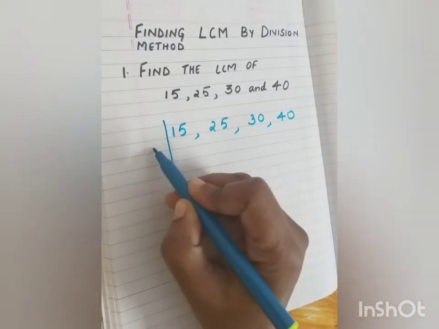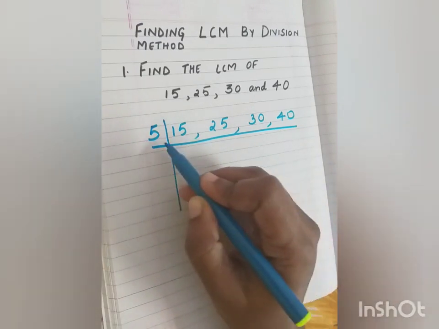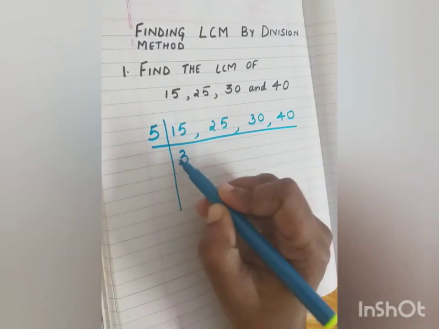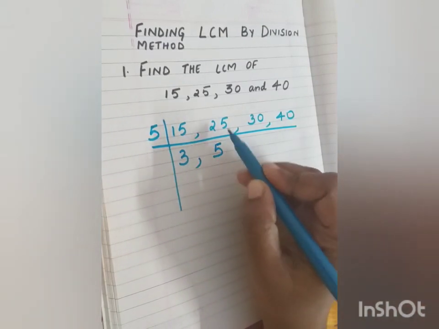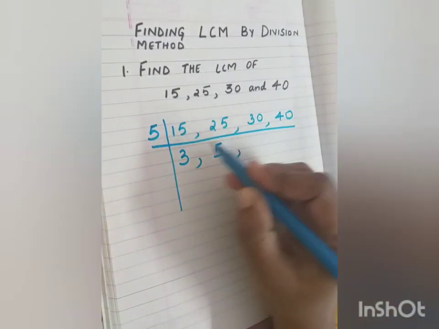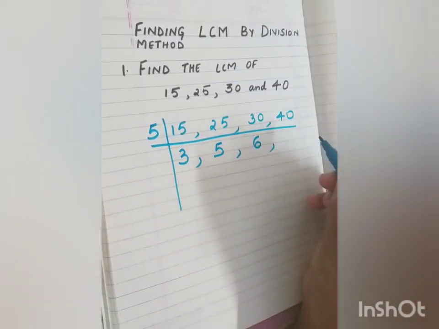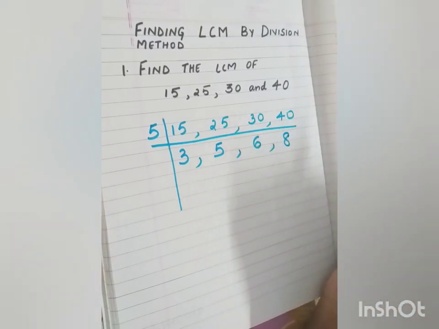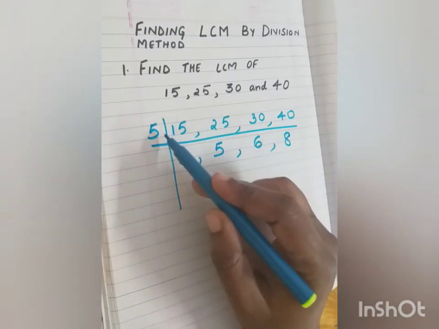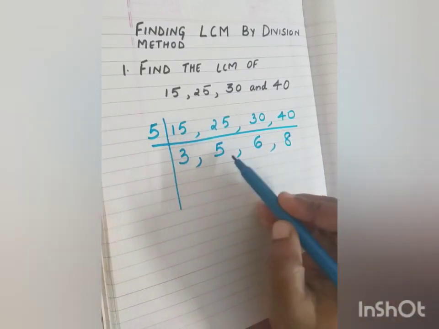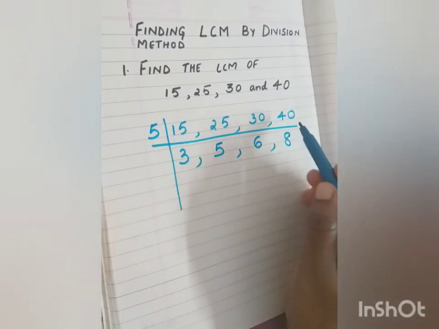All four numbers come in the 5 table, isn't it? 5 3s are 15, 5 5s are 25, 5 6s are 30 and 5 8s are 40. Is this clear to you?